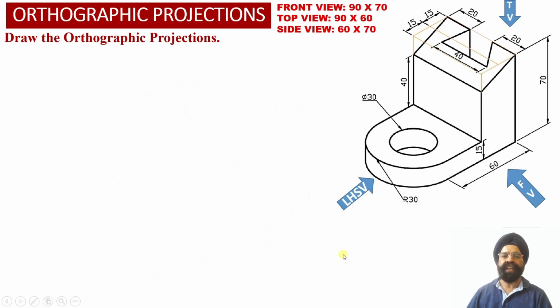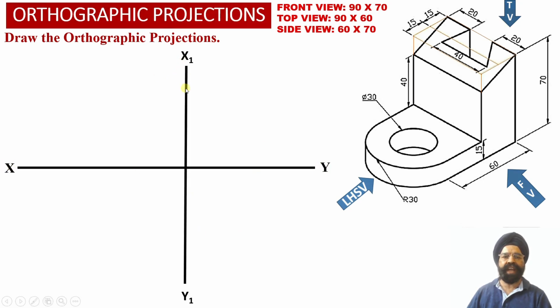Now in order to obtain the orthographic projections of the solid, we are going to draw the XY reference line, the X1 Y1 reference line and a transfer line which is inclined at an angle of 45 degree with respect to the XY reference line.